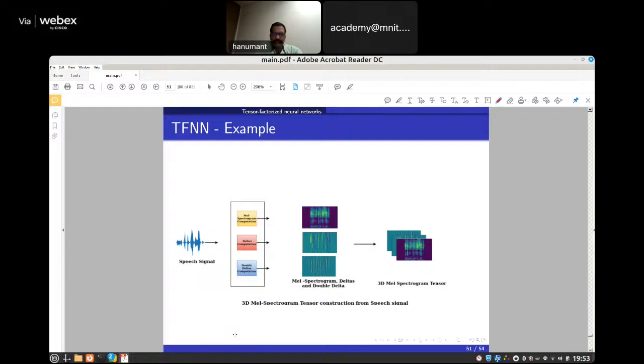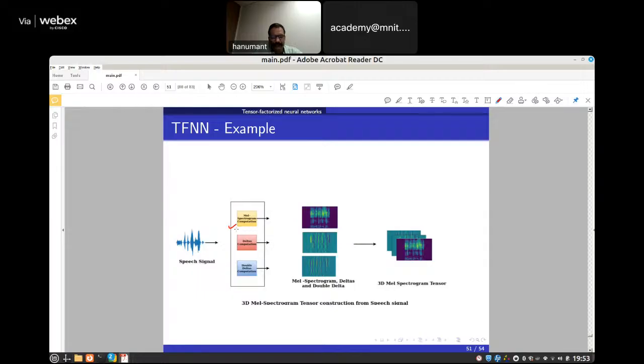Okay, now just a very simple example. We have speech signal, and we have applied it to many applications. This was related to emotion recognition. We take Mel spectrogram, both frequency and time domain information, mainly because we do not know where emotion information is.